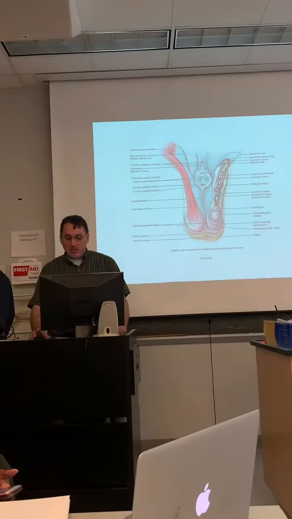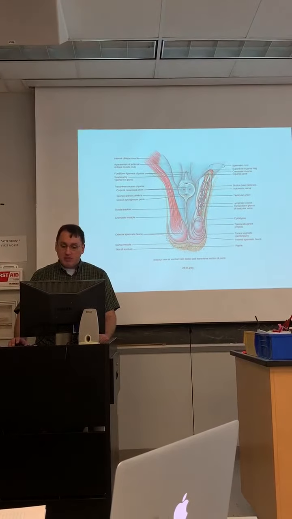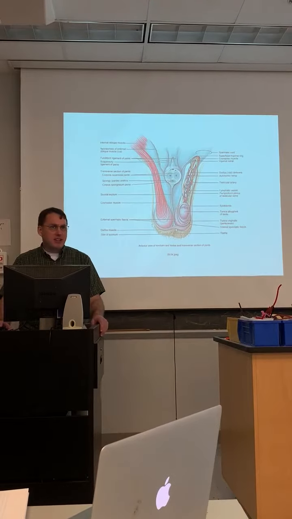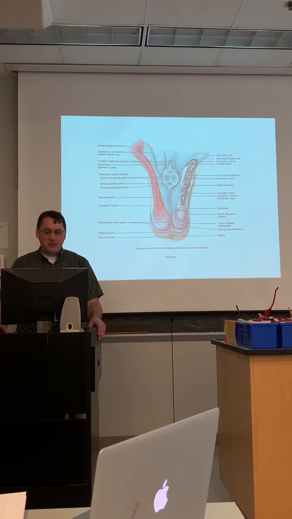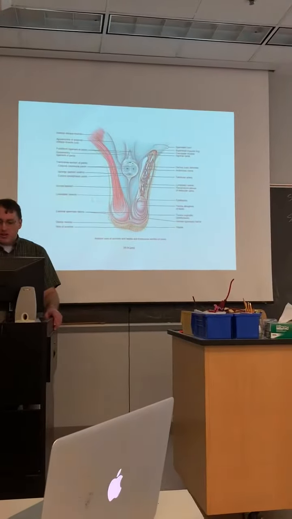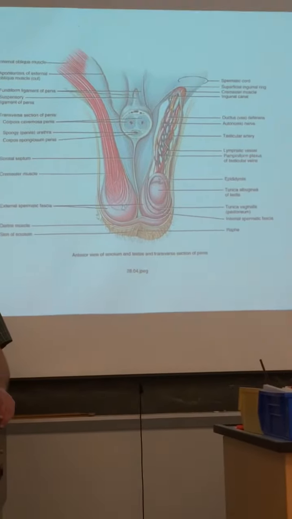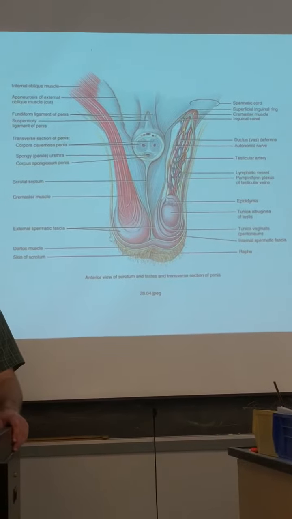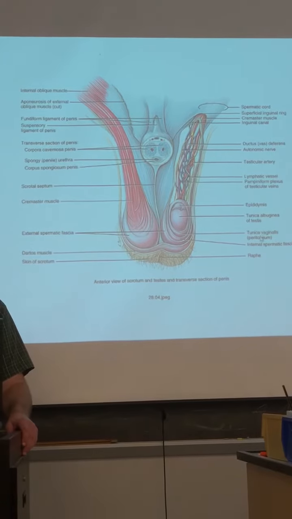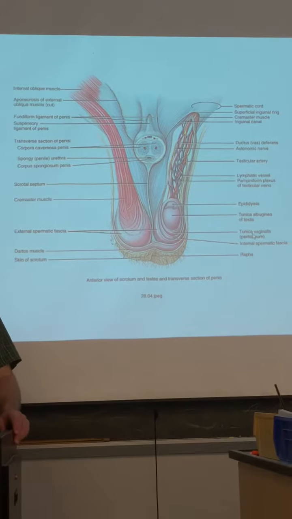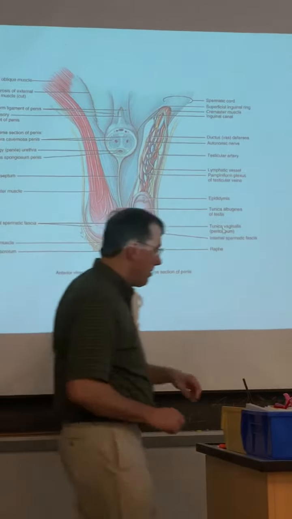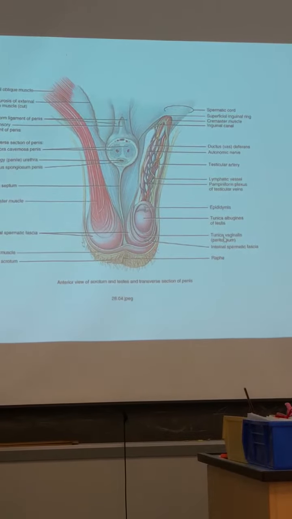Okay? So I've mentioned the skin, the dartos muscle. I don't think there's really any homology in the female to the dartos muscle or the cremaster. And then we've got some fascia. Okay? And then there's a layer surrounding the testis called the tunica vaginalis. And this is actually part of the peritoneum.